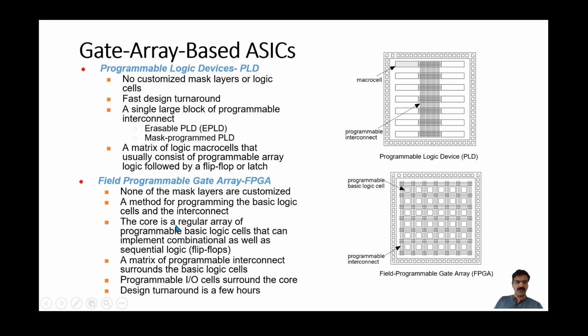The core is a regular array of programmable logic cells that can implement combinational logic as well as flip-flops. Both you can program. A matrix of programmable interconnects surrounds the basic logic cells, and there are programmable IO cells as well. Design turnaround is a few hours.